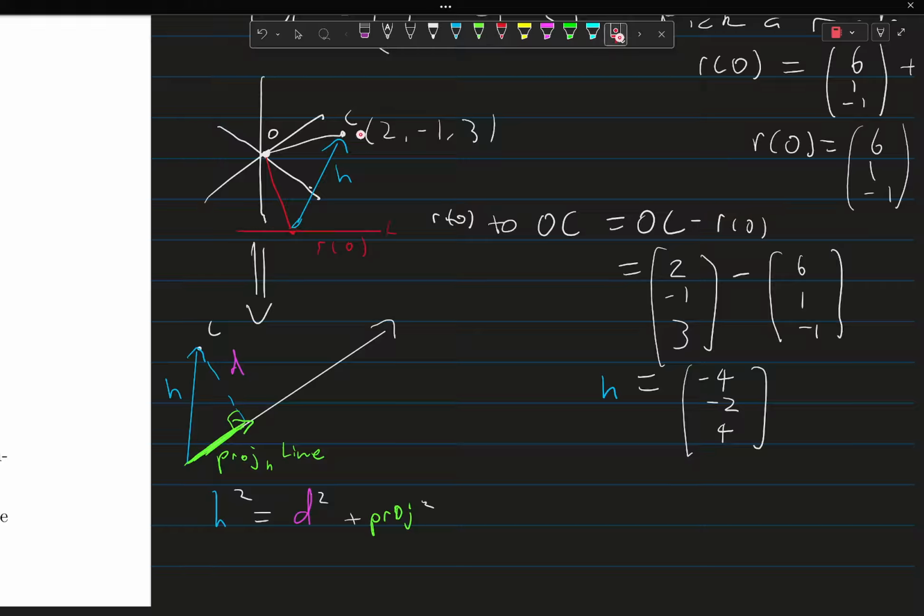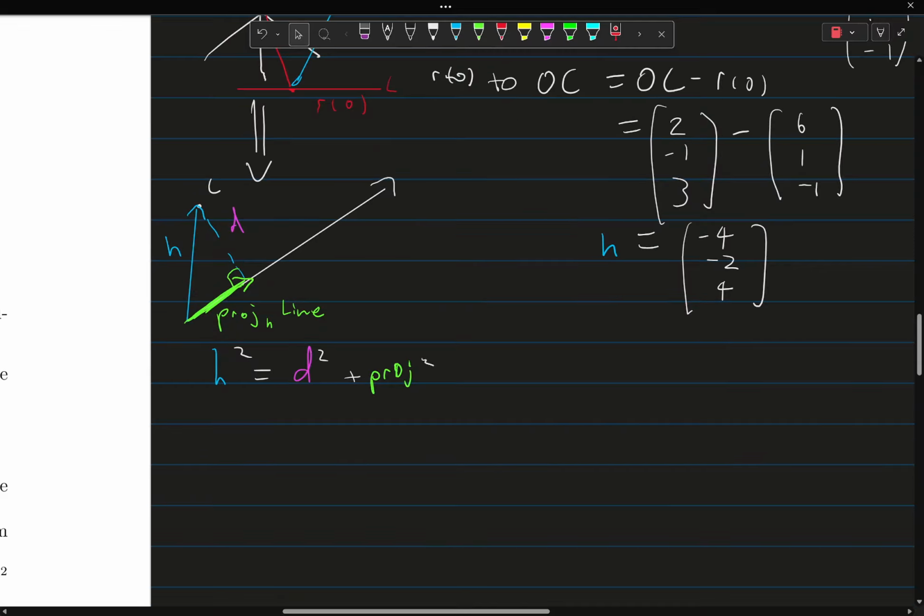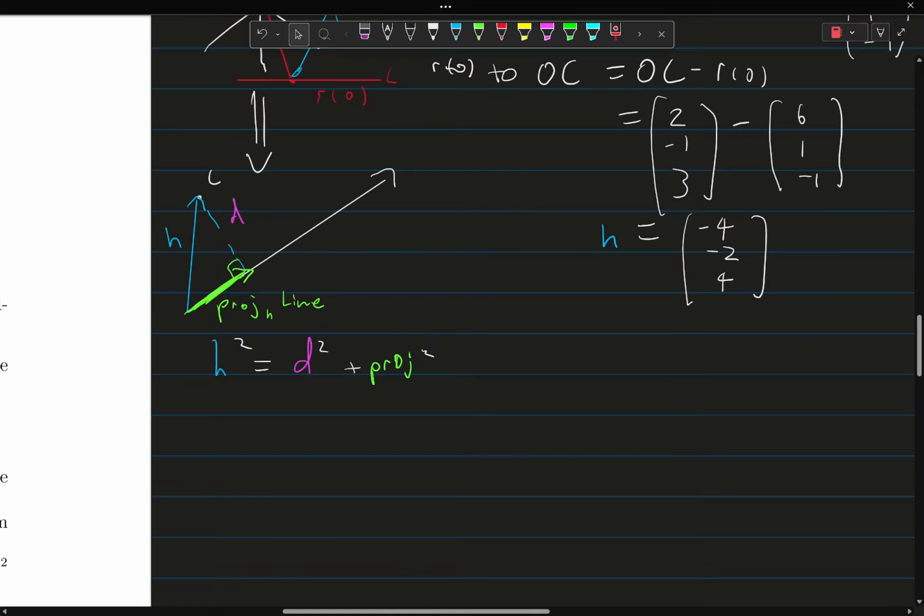The circle inflates up to here, and we're trying to find the radius, or the distance. So we are finding the vector from any point on the line to the center. Does that make sense, Yellow? Yeah.